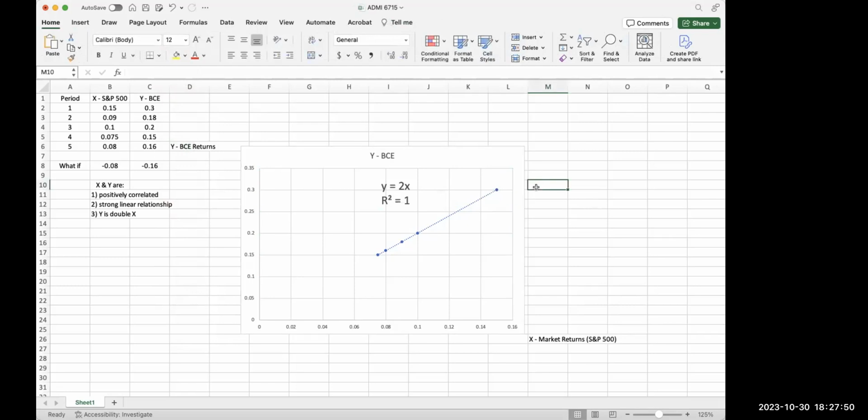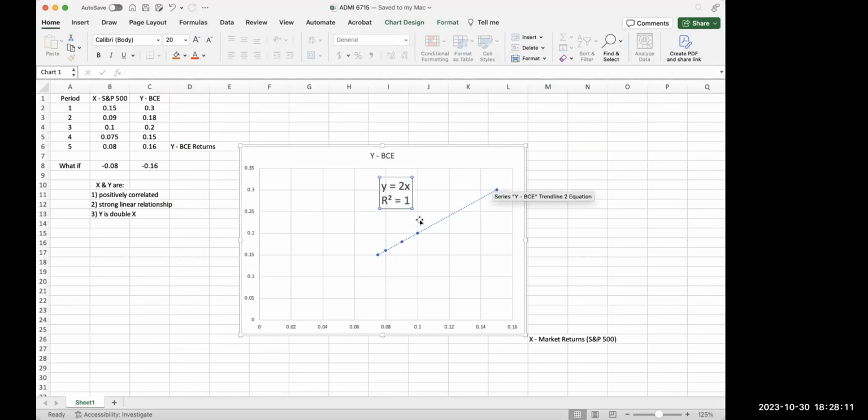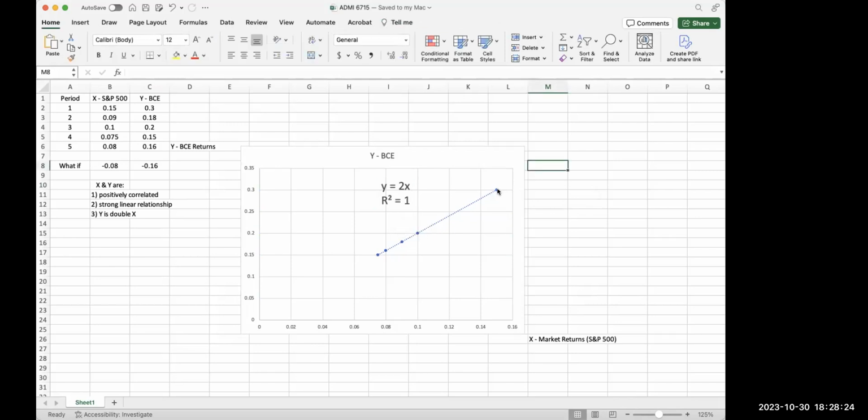So what does it tell me? It tells me there is a strong positive linear relationship, and Y is double X. Notice that Excel just puts the line here from dot to dot.